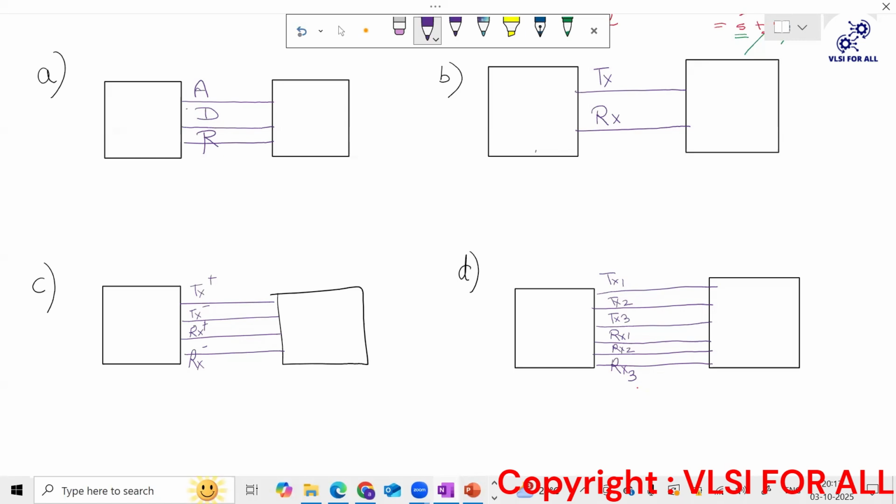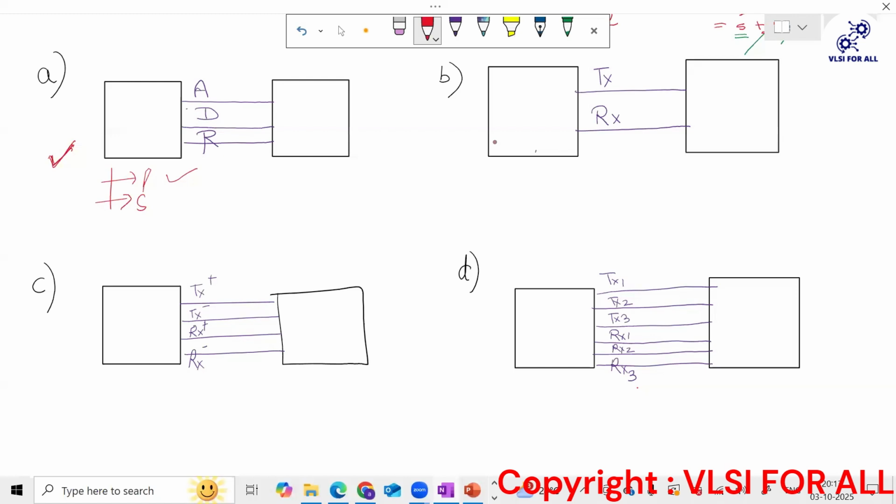Let me put it like this. What about option A? Is this parallel or serial? Parallel. How are you saying it's parallel?